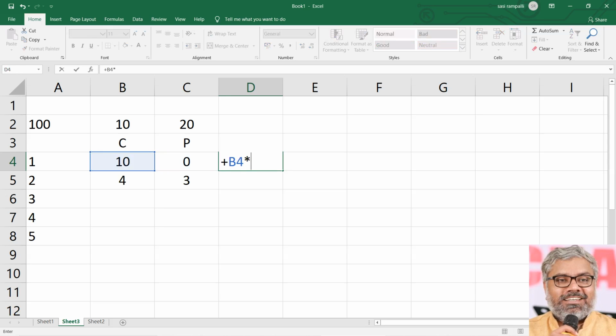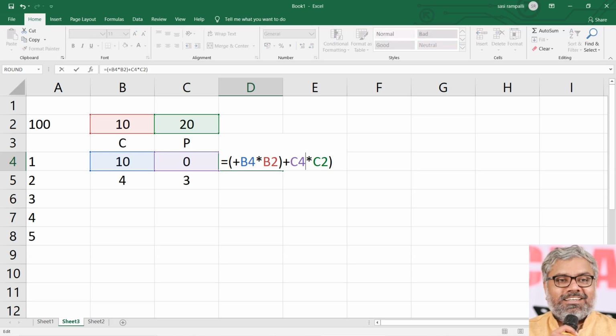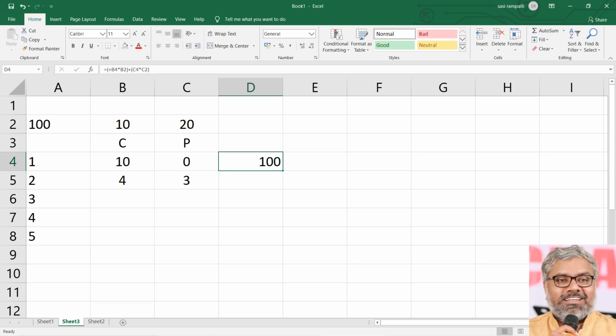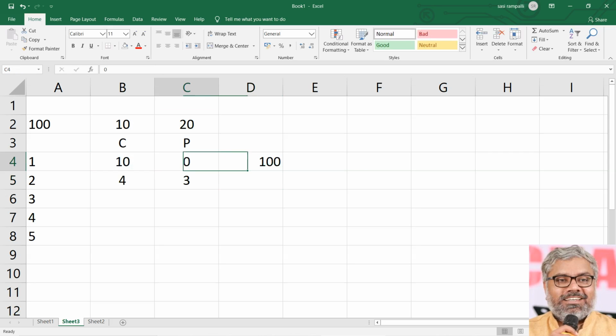You can check that also always, whatever the number of quantities, the quantity multiplied with price, plus the other, always should be 100. That cannot change. So with that only we can fix these combinations. Don't worry about all these Excel things. It's only for example. So 10 chocolates and 0 pens is one combination, right?